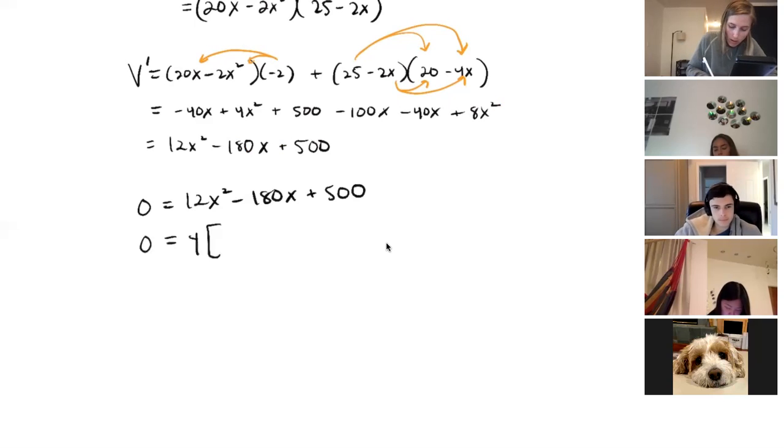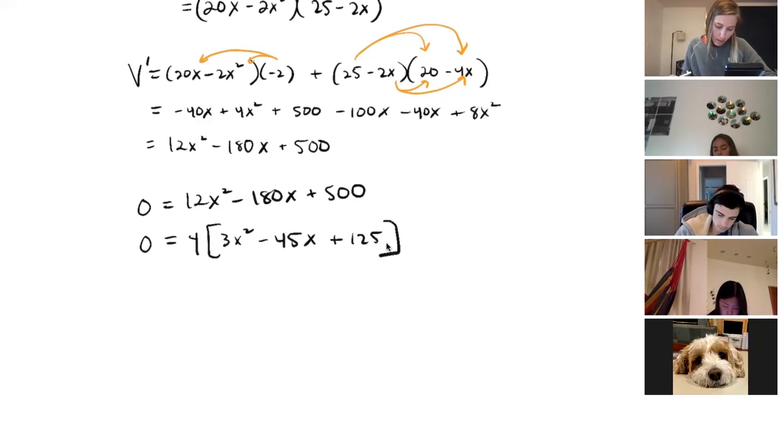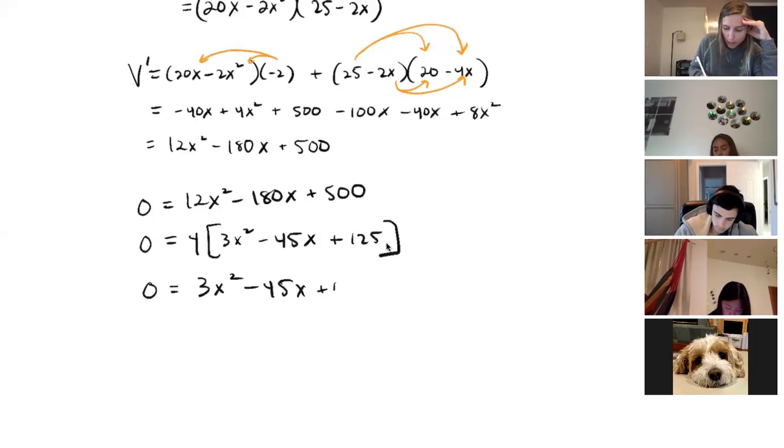So 3x squared would be 45, wouldn't it? Okay. At this point, you can divide out the 4. So this could just be 0 equals 3x squared minus 45x plus 125.